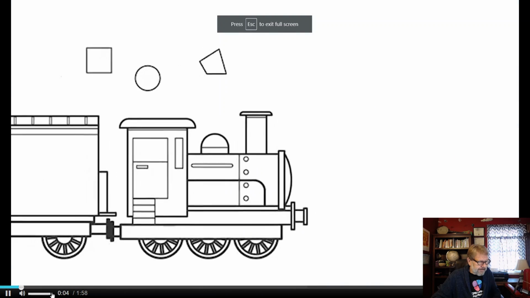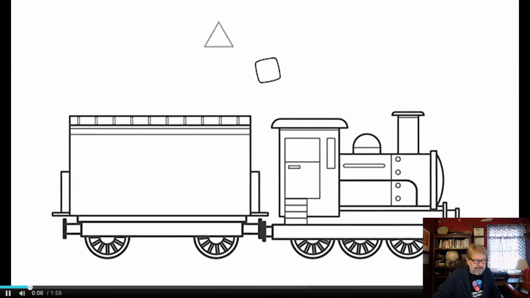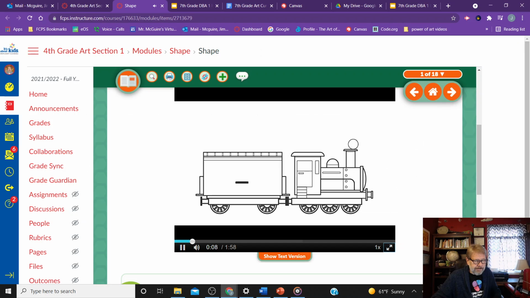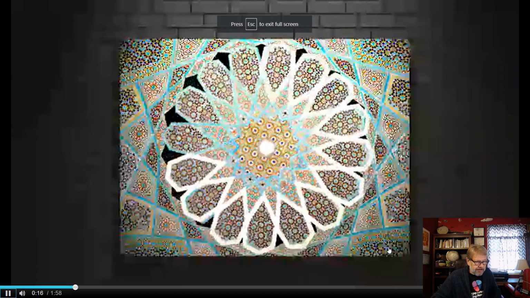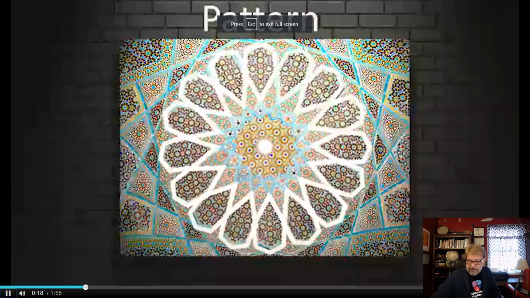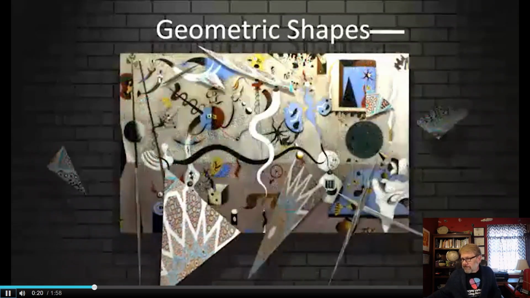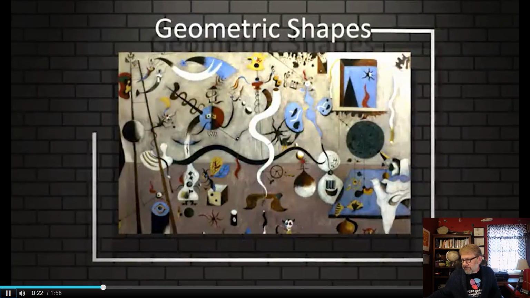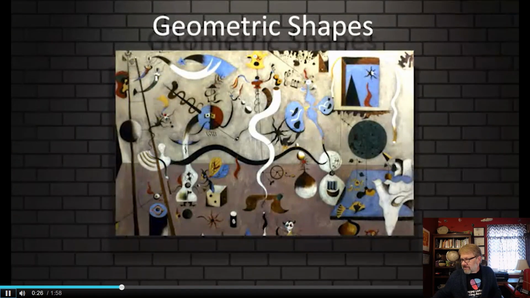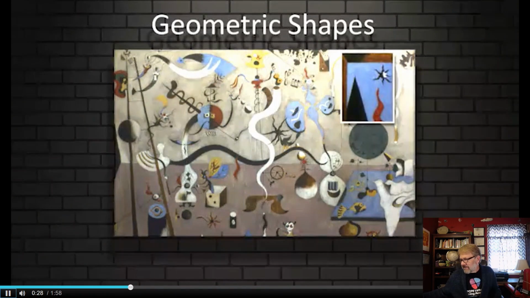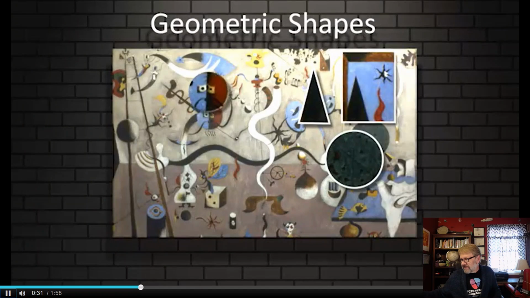In art, you'll find shapes of all colors and kinds. Each and every shape begins with a line. Repeat the shapes one by one to create a pattern that's sure to stun. Geometric shapes have clear edges and lines. How many of these special shapes can you find? They're here and here and here and here.